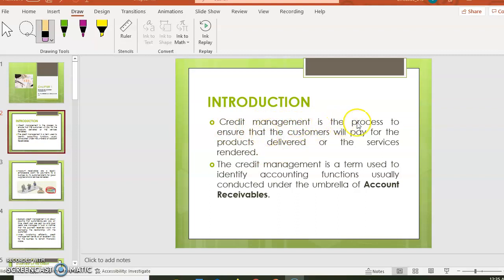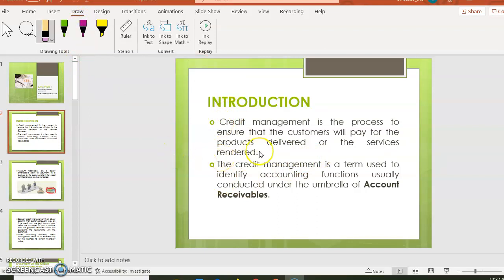Credit management is the process to ensure that the customers will pay for the products delivered or the service rendered. So kita nak pastikan bahawa customer kita yang buat sebarang pinjaman, yang membuat sebarang pembelian, mereka akan bayar semuanya sekali. Okay, fulfill the payment.